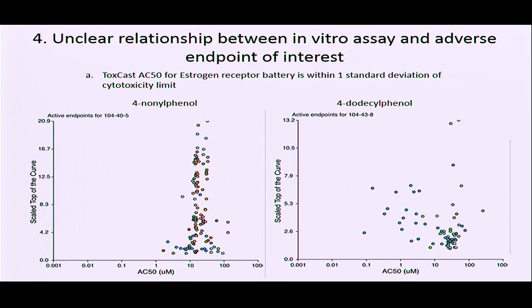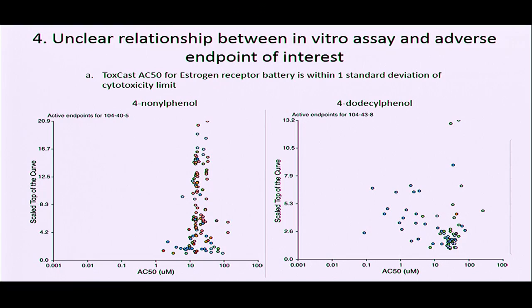So what I want you to appreciate here is how tightly these cluster around what is effectively the cytotoxicity limit. For the nonylphenol, they spread out a little bit more for the dodecylphenol, but we're still within a standard deviation of activity of these, basically the battery of estrogen receptor assays from the Judson study, the Judson model that Lisa was discussing, and the cytotoxicity limits.